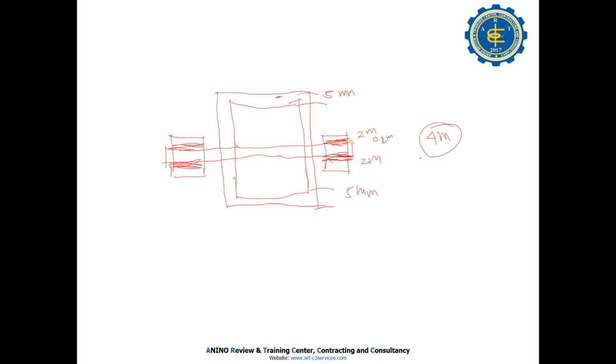If you did not change the bearing, maybe the clearance here becomes 2.5 mm, so the total is 5 mm. What happens to your impeller here? It will now touch the casing.